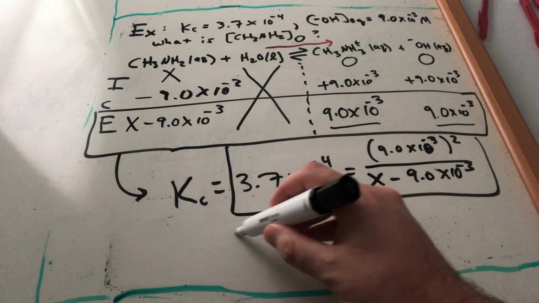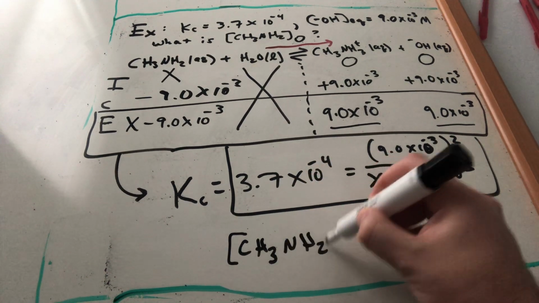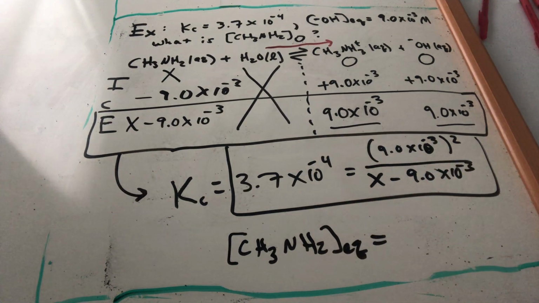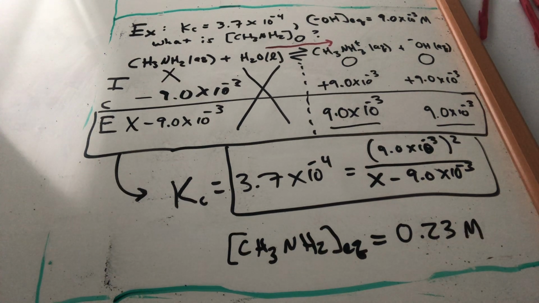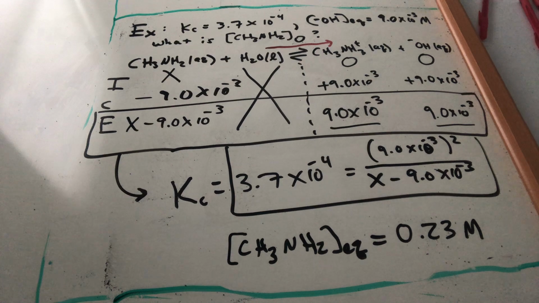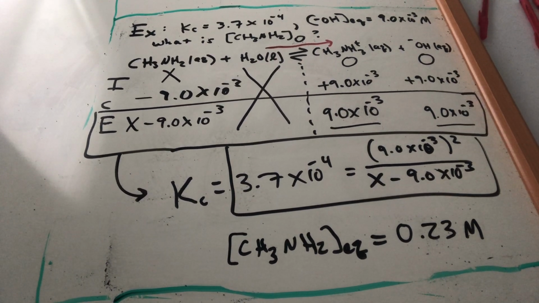What we get as the final answer is that CH3NH2, the concentration at equilibrium, is equal to 0.23 molar. So again, I'm not doing the algebra, I'm leaving it for you to practice, but it's a nice little example to see in terms of another setup.